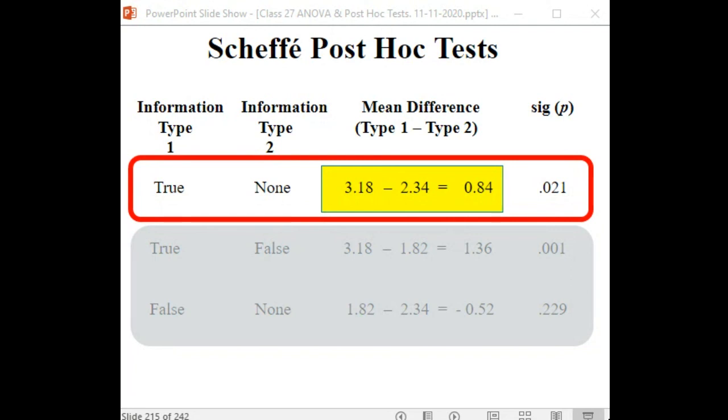Now, is that difference of 0.84 statistically significant? The answer is yes. The probability value, P, is 0.021, which is less than 0.05. So the difference, which is 0.84, is statistically significant.